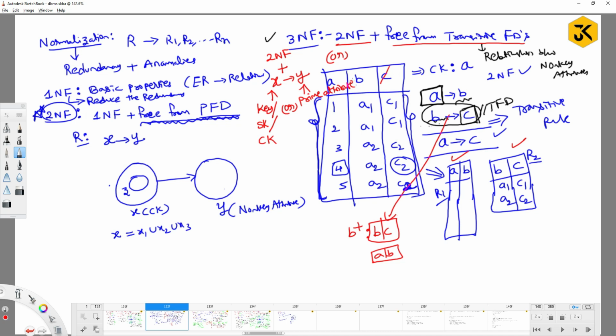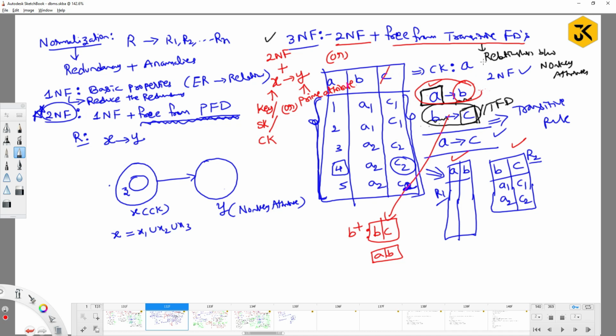So indirectly, this particular definition is following freedom from transitive functional dependencies. If I say that the left side is a key, then that FD would come under a relation between non-key attributes? No. If the right side is a prime attribute, can I say it comes under transitive functional dependency?